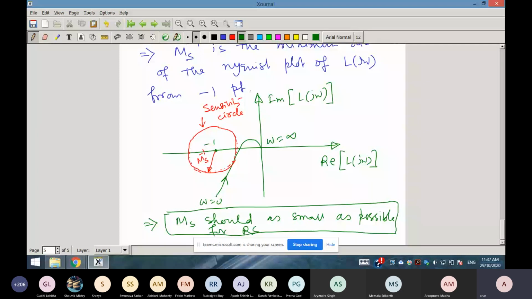Okay, so now the question is whether you can always make Ms small, or whether there is some limit. Is it possible to always make Ms small? That we will just try to visualize.